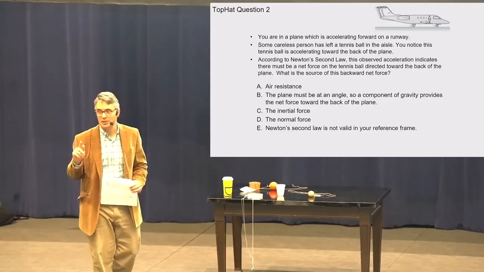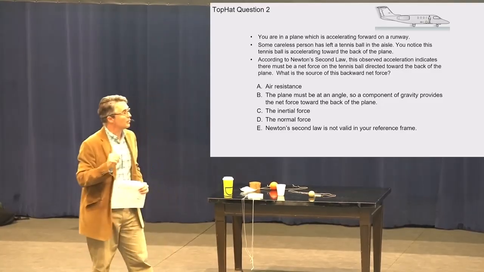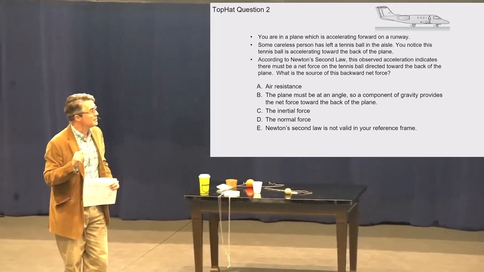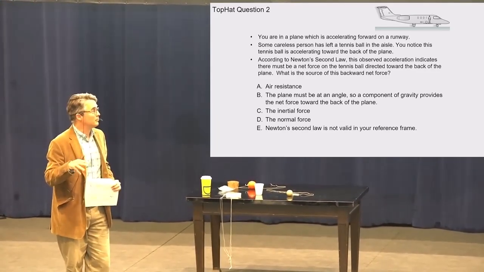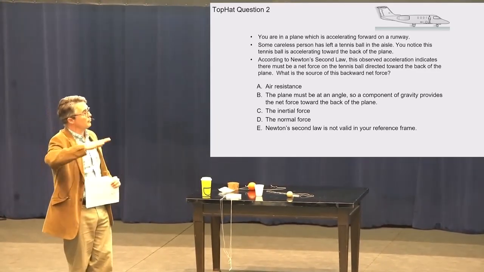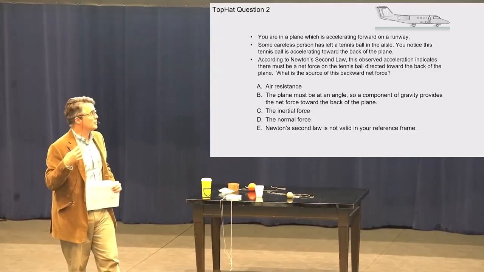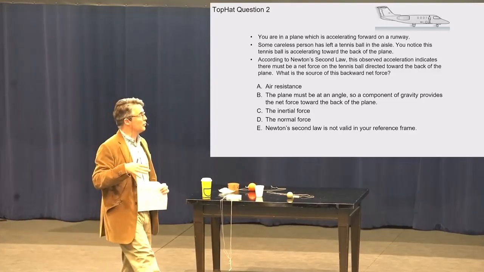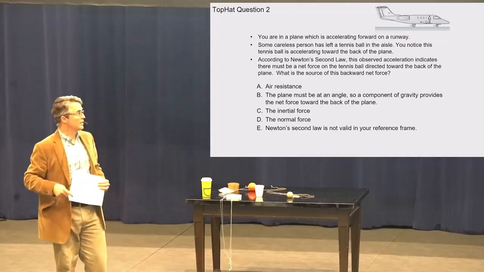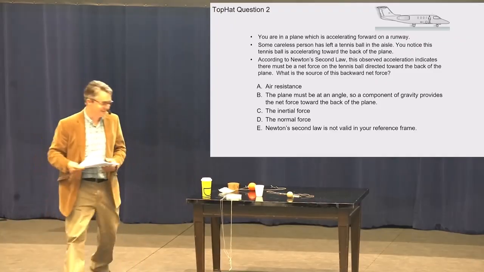So what's the source of this backward net force, mostly? Is it A, air resistance, B, the plane must be at an angle, so some component of gravity provides it, C, the inertial force, D, the normal force, or E, Newton's second law is not valid in your reference frame.